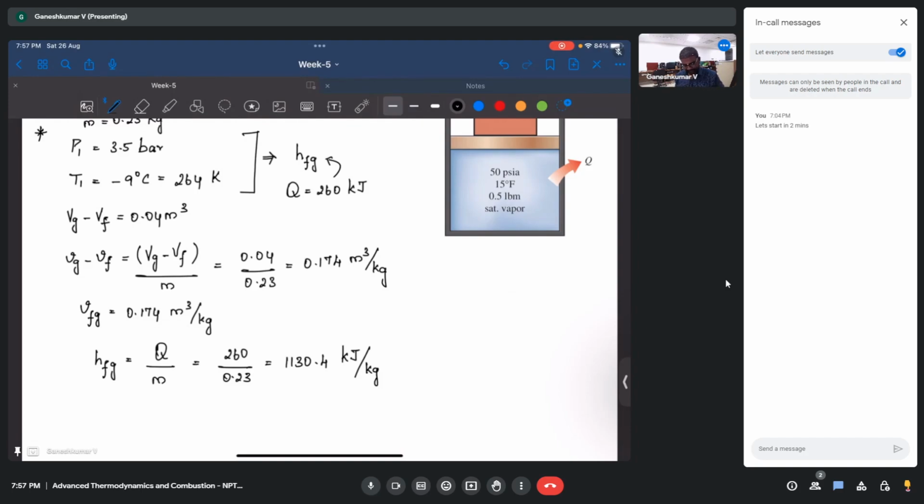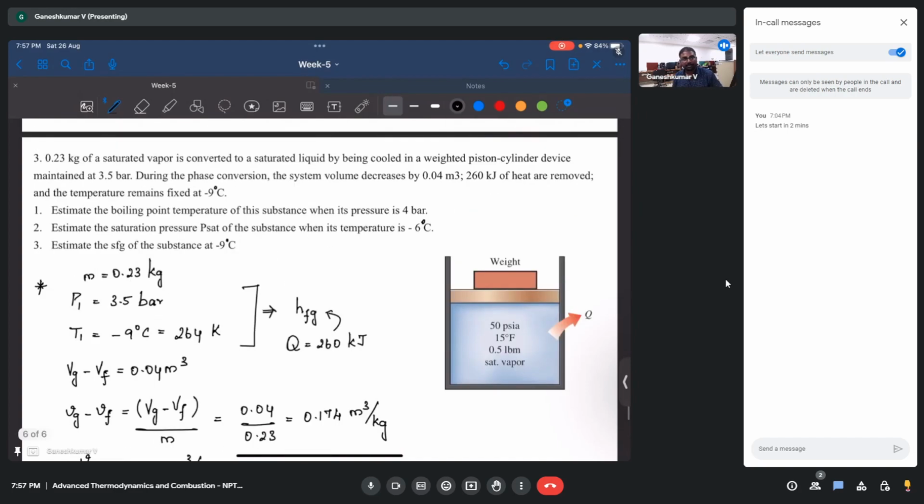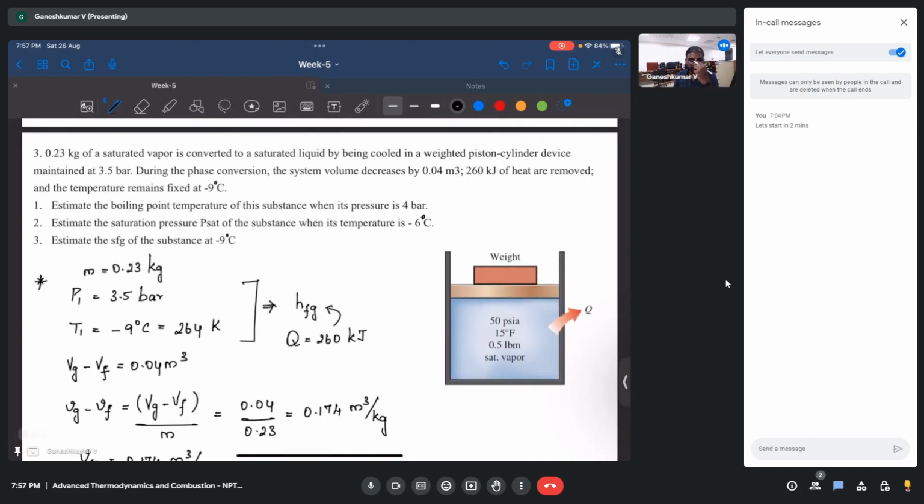So now we have HFG, we have VFG, and we have saturation pressure and temperature. What we can do is use the Clapeyron equation, because dp by dt is nothing but the slope in a PT curve, in a PT graph.